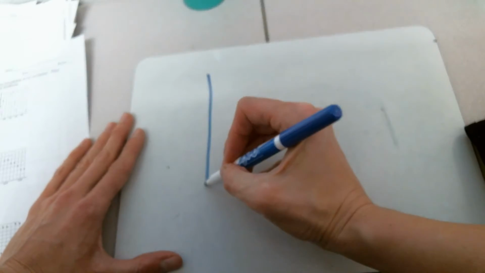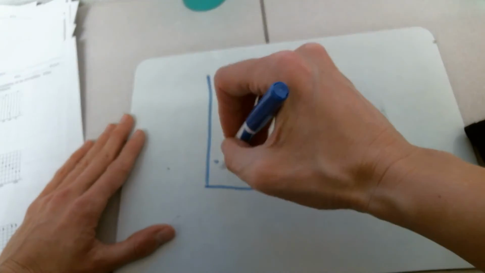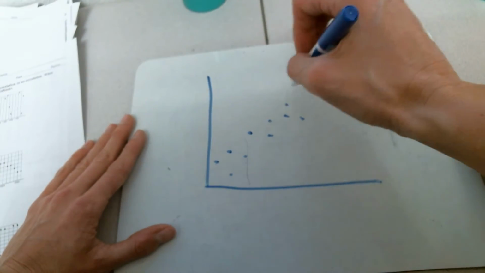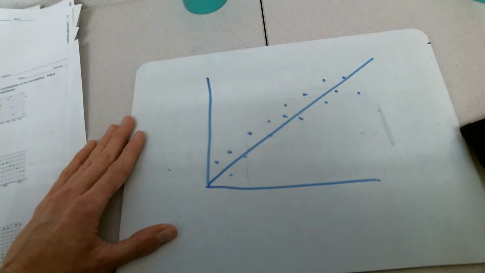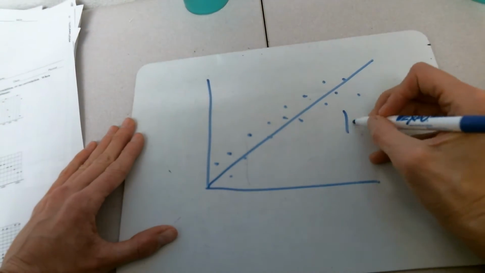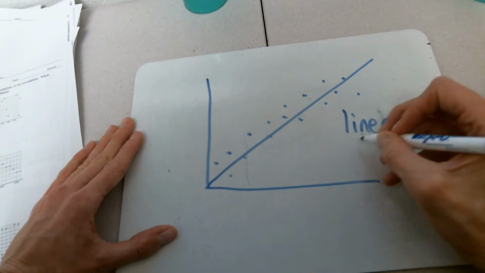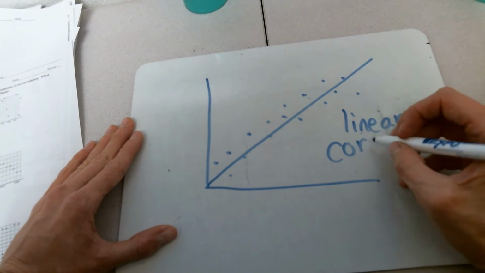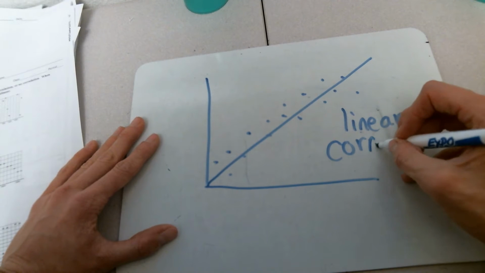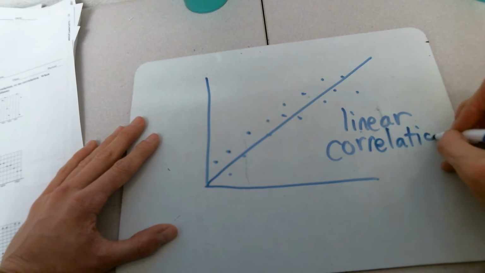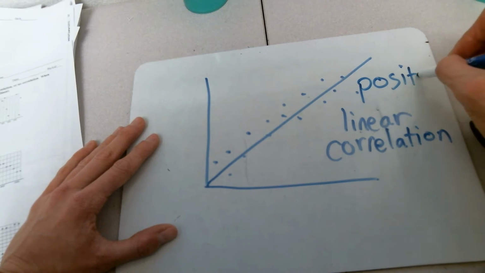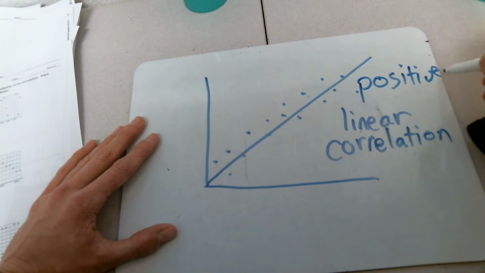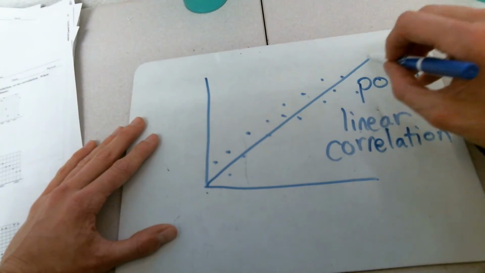Once you have a correlation, you can look at it as a linear correlation, meaning that it's following the pathway of a straight line. So this one here would be a linear correlation, and it is a positive linear correlation because it's going up as we move further right.